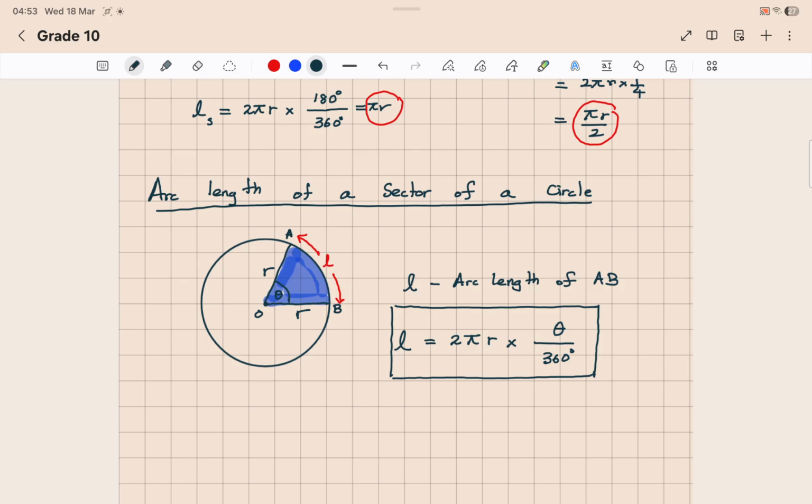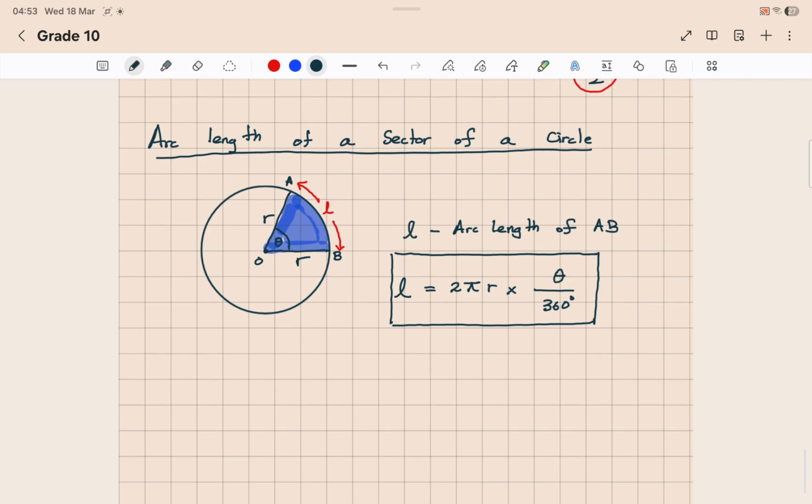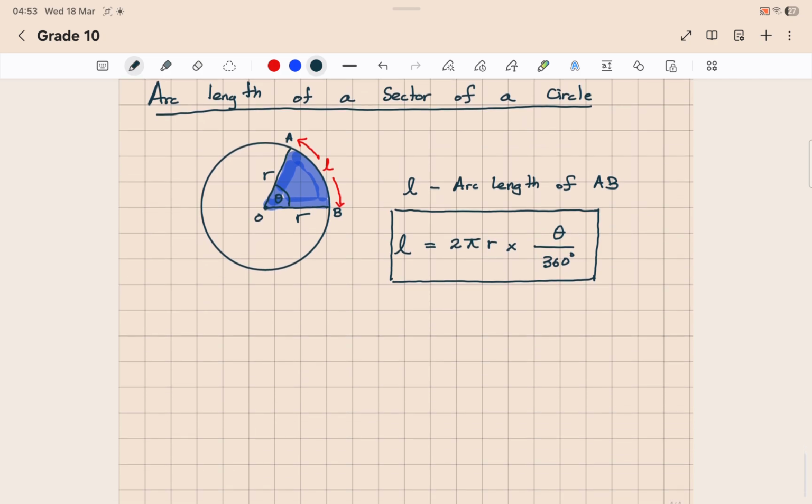So let's do a simple example to see how to apply this rule. Find the arc length.